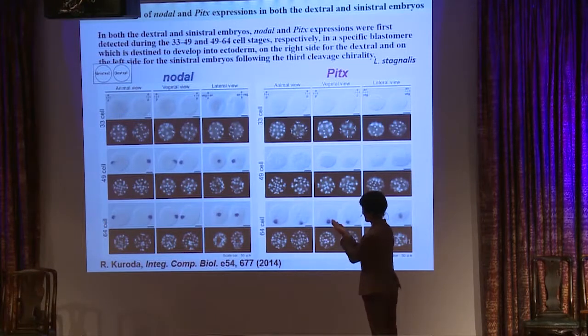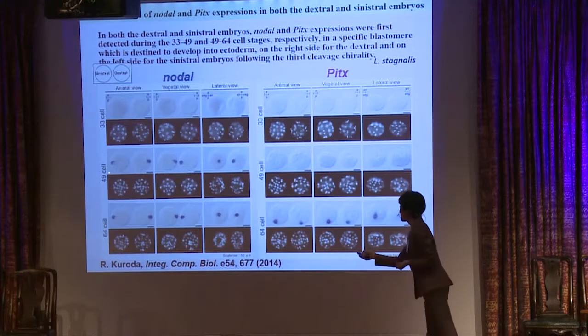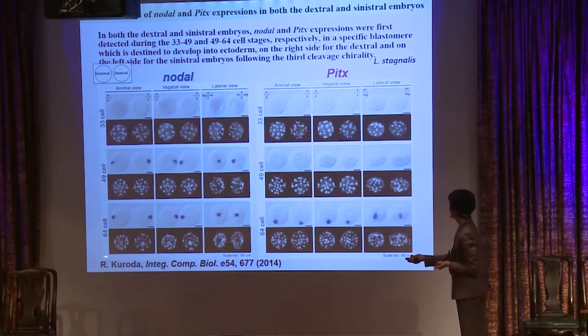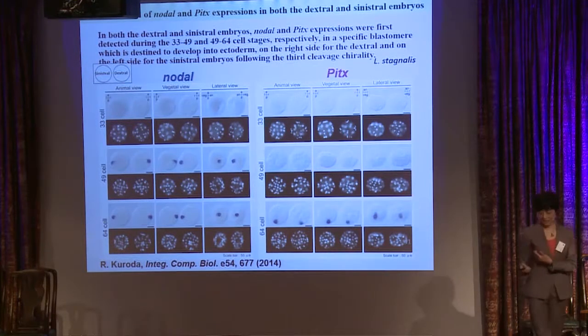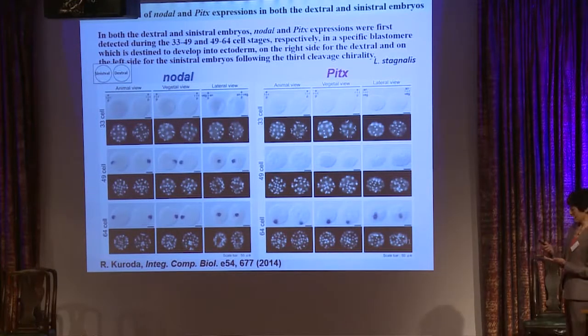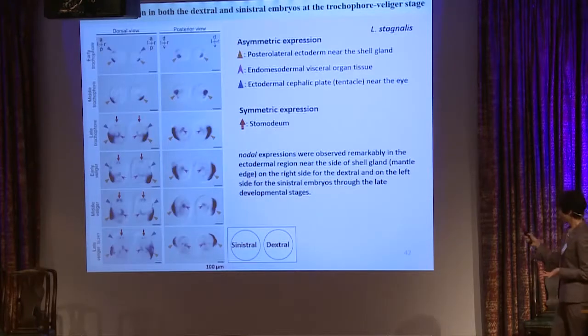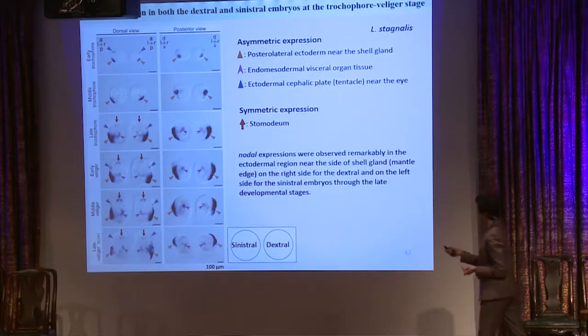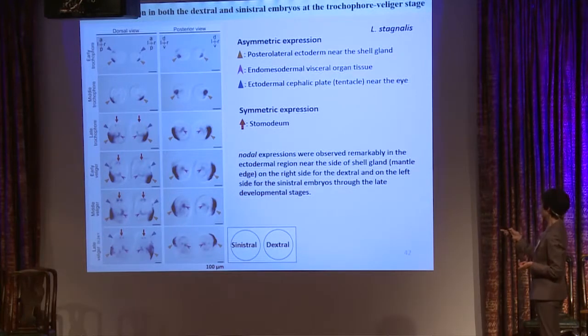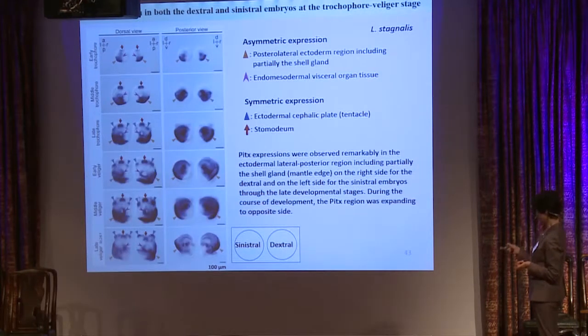So we put the dexter and the sinister at the same developmental stage, and took the nodal, and 33 already, 49 to 64, PTX, around the 64 cell stage, already there. And they're mirror images of each other, and they stayed until the gastrula stage. So this is the nodal gene, left and right, and this is the PTX.